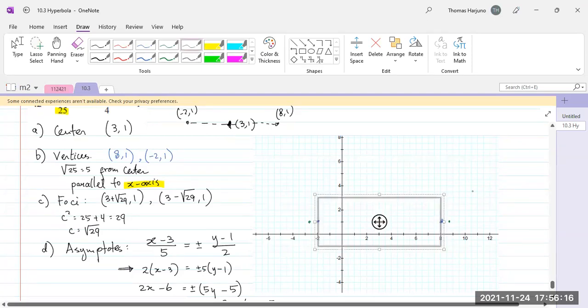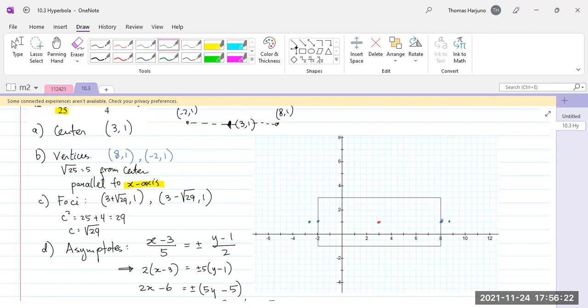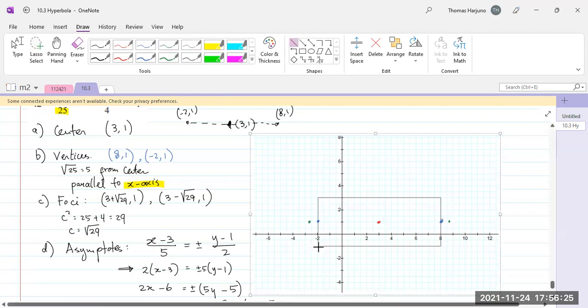It should be like this. That's a rectangle. So the asymptotes will look something like this.